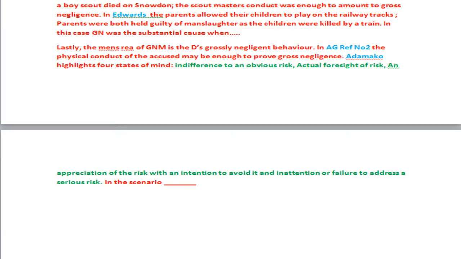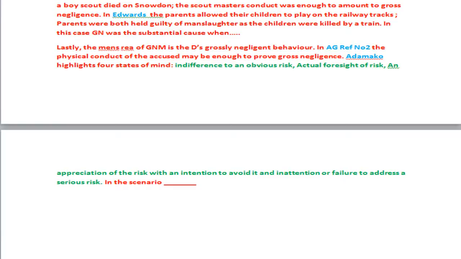So, in this scenario, Bob had actual foresight of risk because it is virtually certain if you kick a cat, I don't know, if you kick something, then there's a risk of serious injury or death. You could say Bob had an indifference to an obvious risk as well. Bob had an appreciation of the risk, or there was inattention or failure to address it.